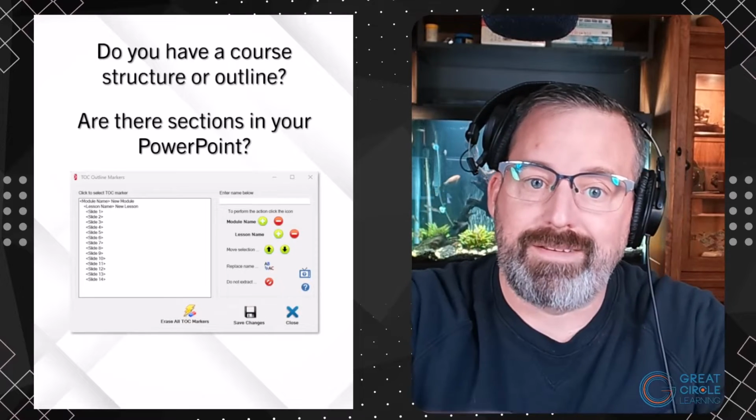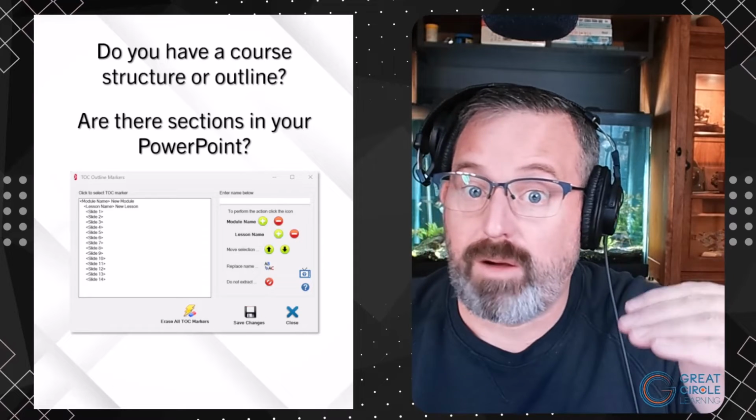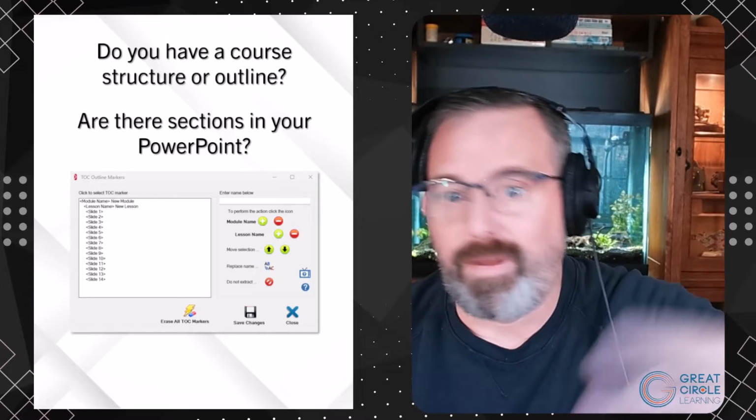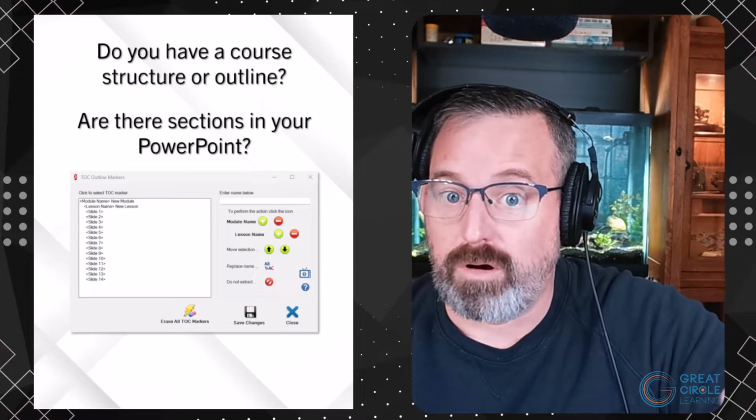The left-hand side of this dialog box is showing us all the slides. If you've got sections in your PowerPoint, depending on what section you use, you'll see module and lesson names already in there.